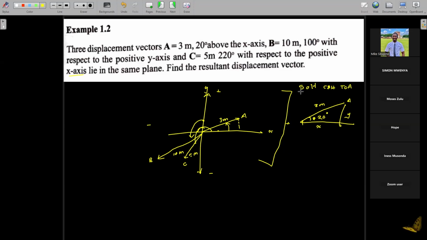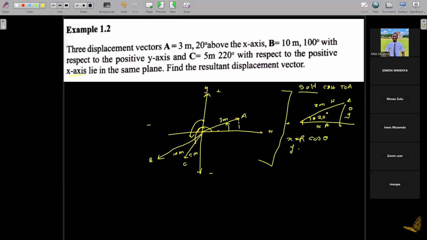If we want to find the x component, we know that this is the adjacent, that becomes the opposite, and that becomes the hypotenuse. So when finding the x component, we say the magnitude, r, given for A, times the cosine of the angle. That is how we find the x component.